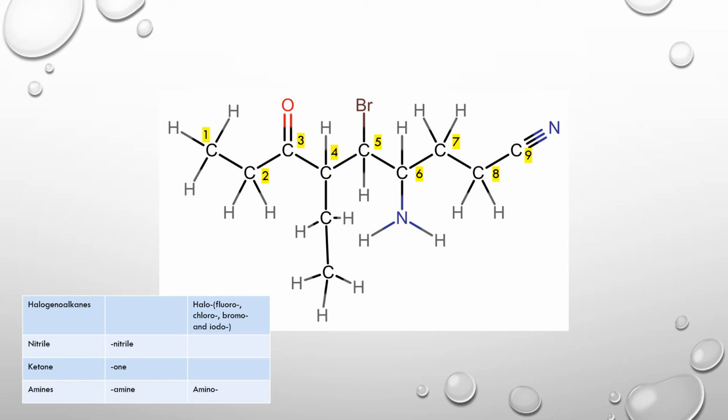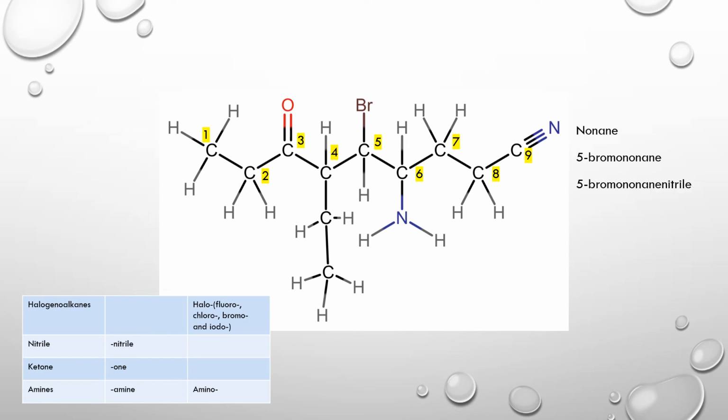We're going to begin here. The haloalkane is the highest priority. After we've discussed how long the main carbon chain is, nonane, the haloalkane is the next thing we're going to add to the chain. So that's 5-bromo-nonane.